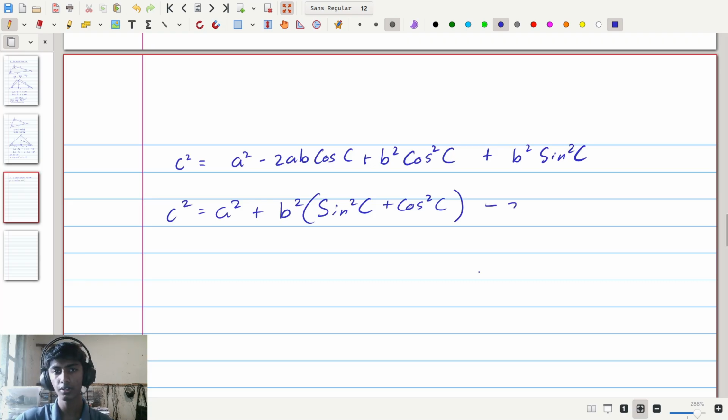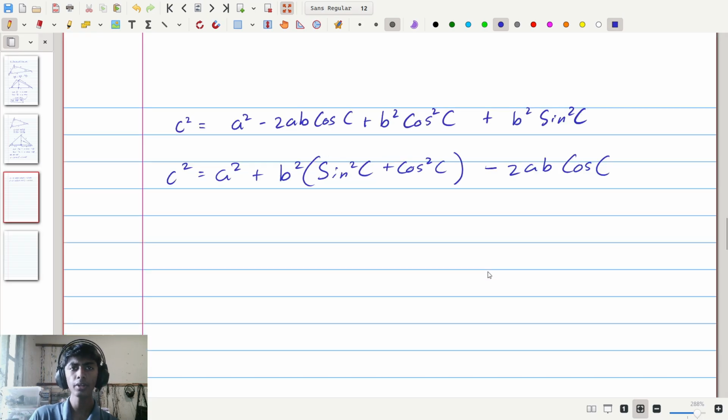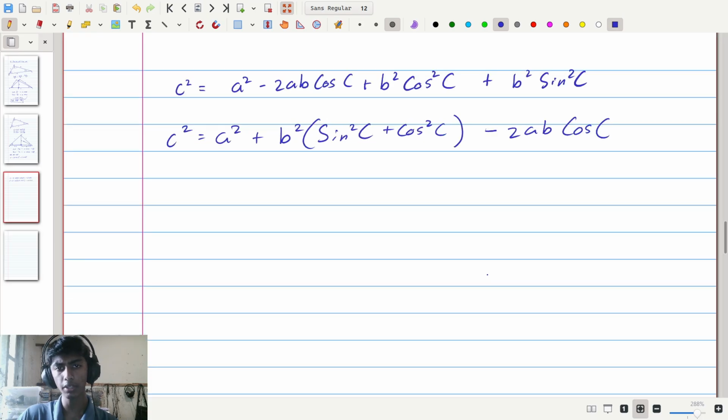minus 2AB cosine C. So remember and recall the identity that we talked about earlier, that sine squared plus cosine squared for any angle theta will be 1. Recall, sine squared theta plus cosine squared theta is equal to 1, and substitute into here.